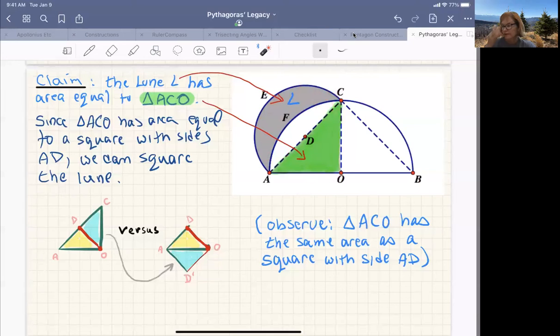By the way, because this is a 45, 45, 90 triangle, there's a very easy way to square it. So here it is down here. Let's cut this triangle exactly in half, and then rearrange the two pieces. The blue piece is going to go down here. The yellow piece is going to go up here.